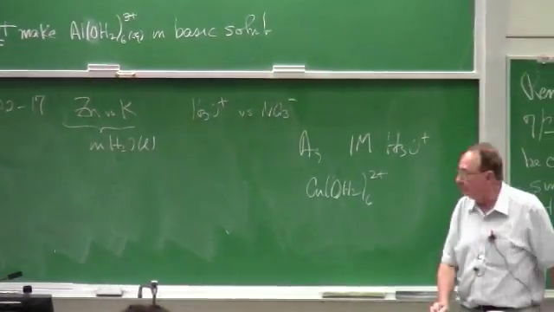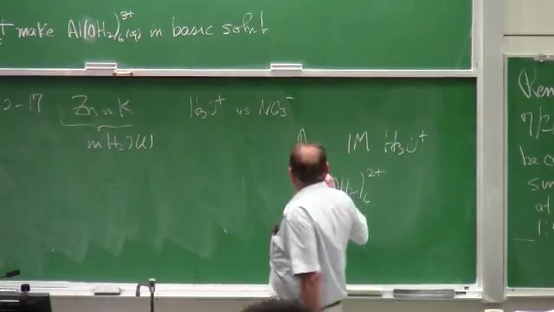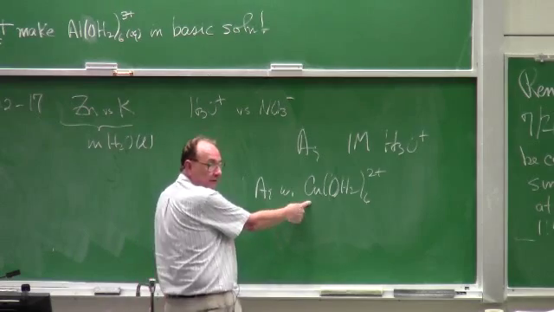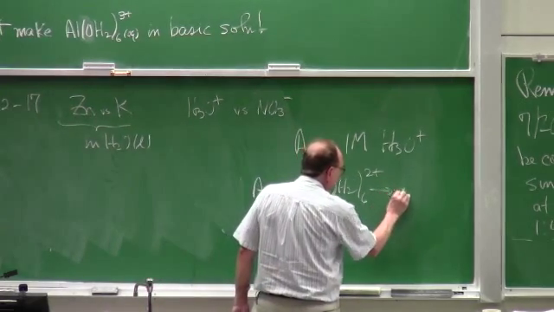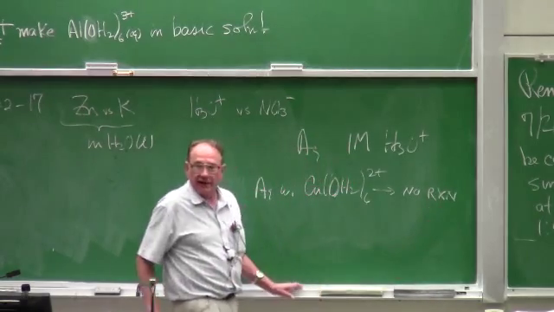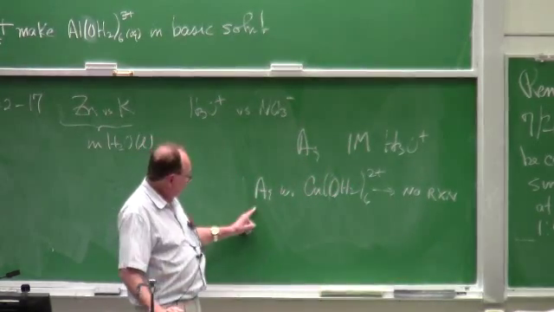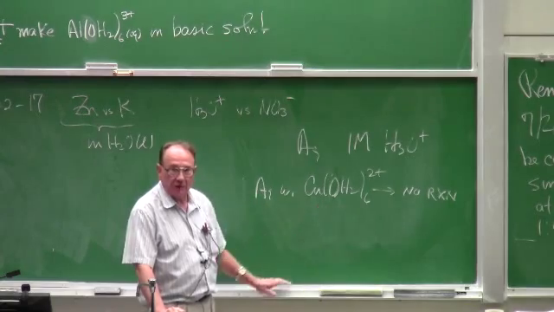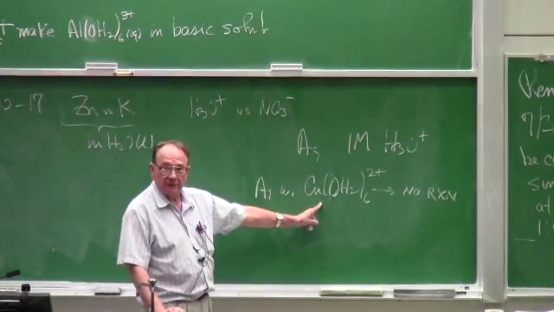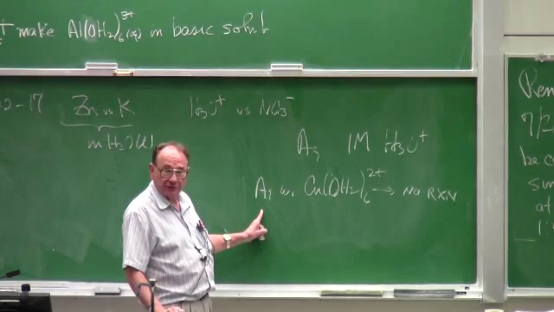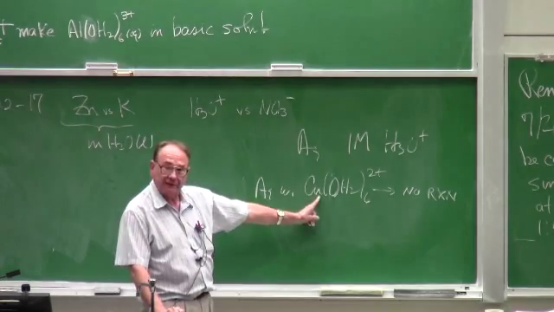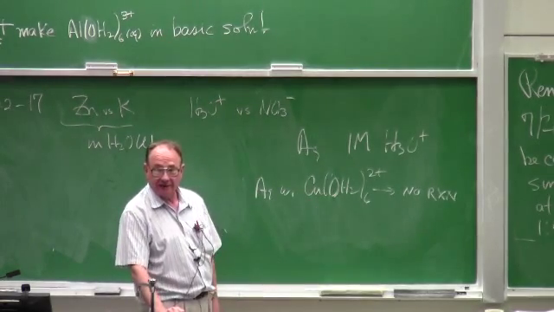If we tell you that silver with hydrated copper ion is no reaction, notice I'm also telling you with this statement that copper is a better reducer than silver, and hydrated silver ion is a stronger oxidizer than this. This tells us that.